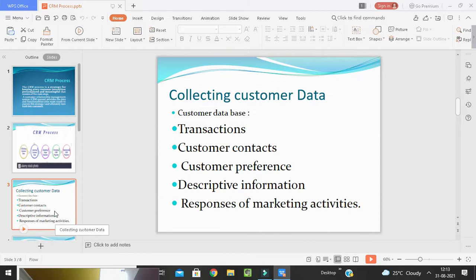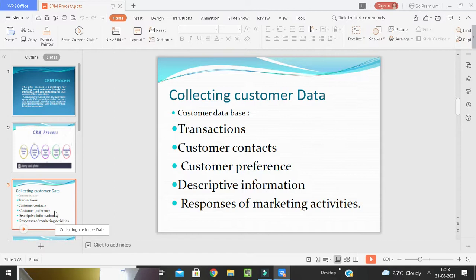So the record of interaction that the customer has had with the retailer includes visits to the retailer's websites, inquiries made through in-store queues and telephone calls made to the retailer's call center, plus information about contact initiated by the retailer such as catalogs and direct mails sent to the customers. All these things will come under customer contacts.